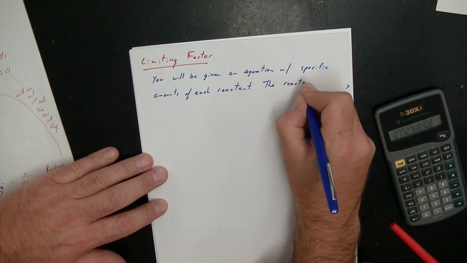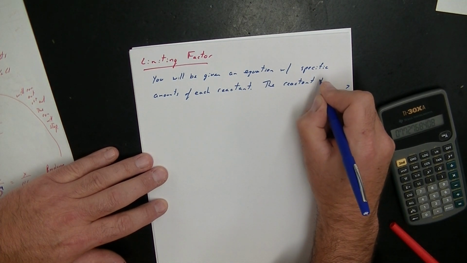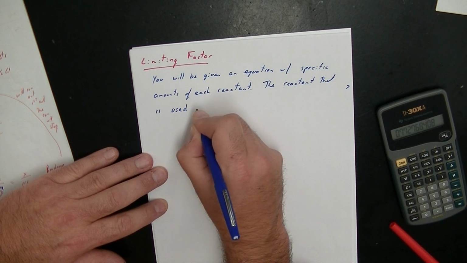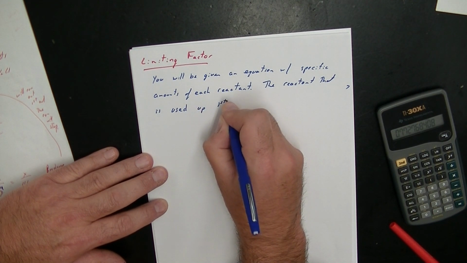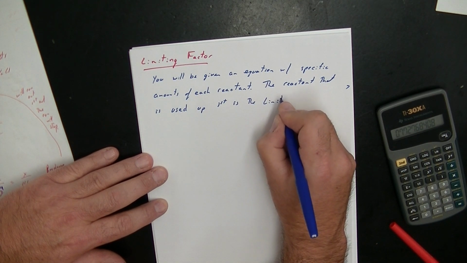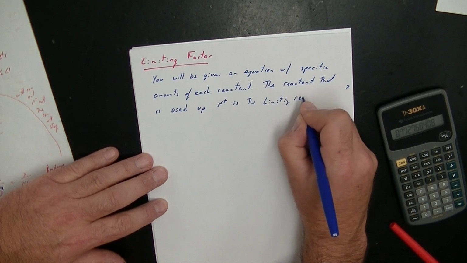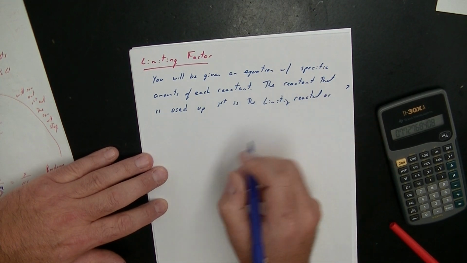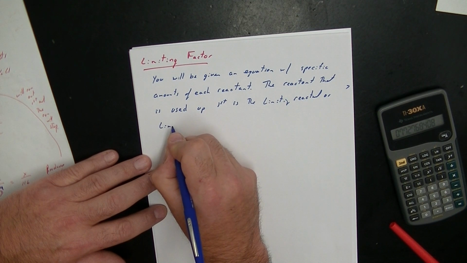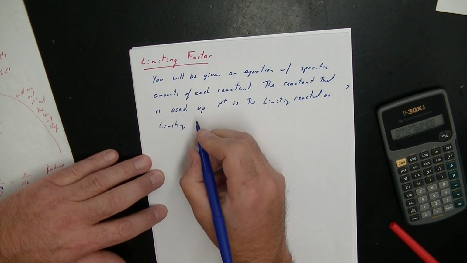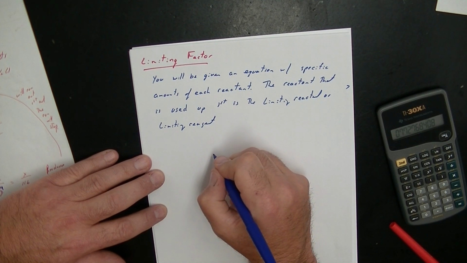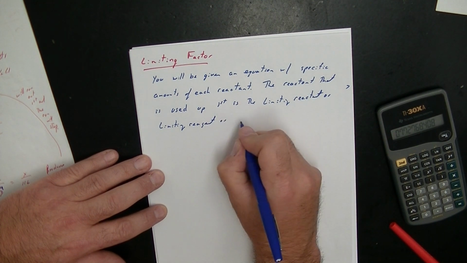The reactant that is used up first is the limiting reactant, or limiting reagent, or the limiting factor.